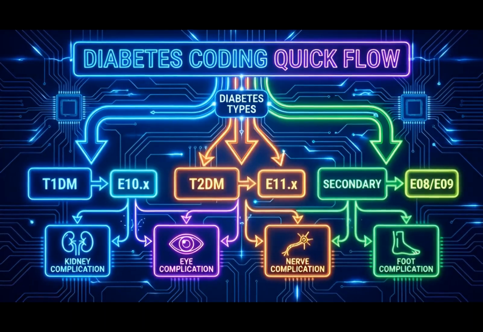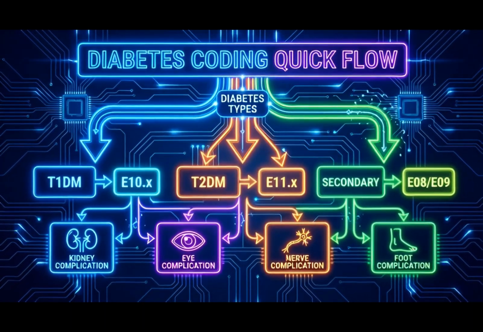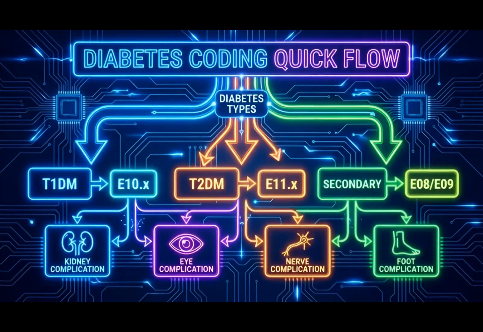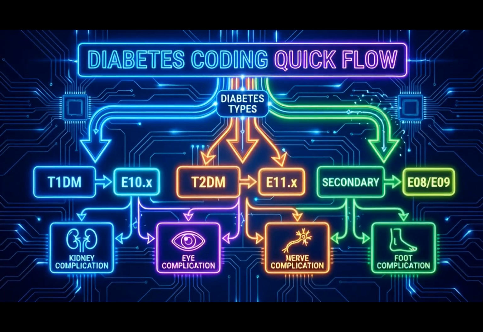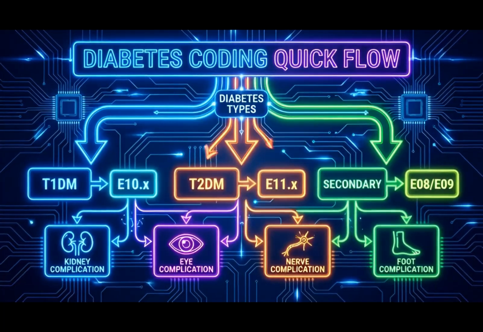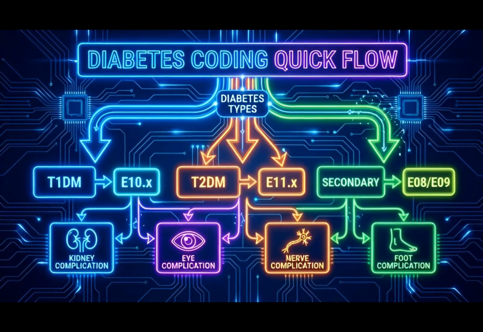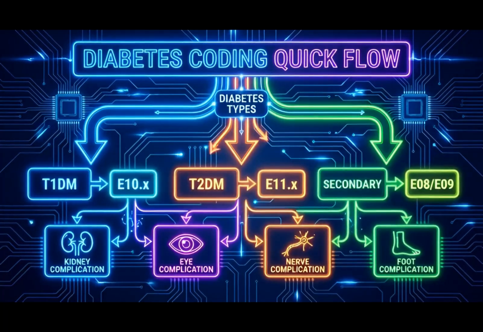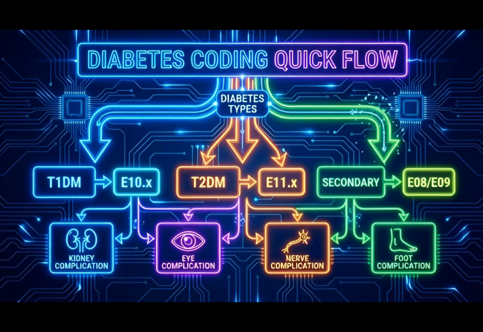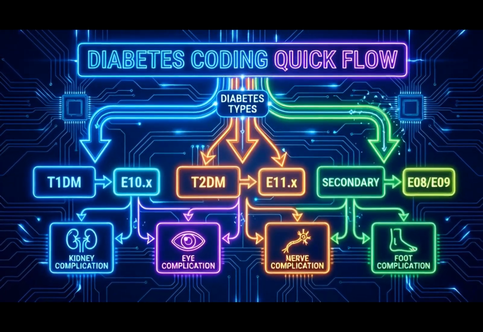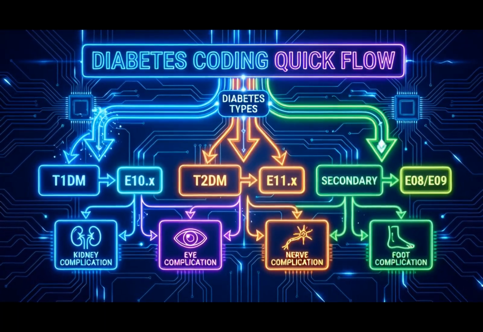Once the diabetes type is chosen, move to the specific complication: kidney complications, eye complications, nerve complications, and foot complications. Each pathway links directly to the appropriate subclassification to ensure precise and complete diabetes coding. Diabetes Coding Quick Flow, your fast guide to choosing the correct ICD-10 code.